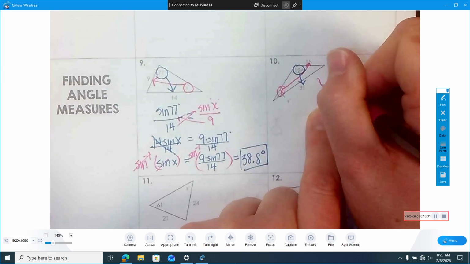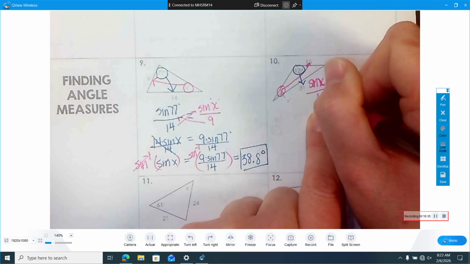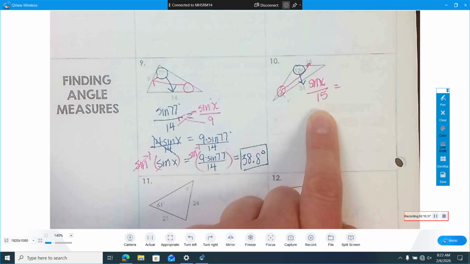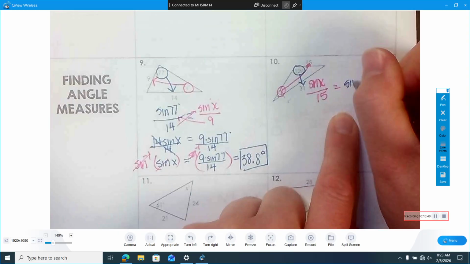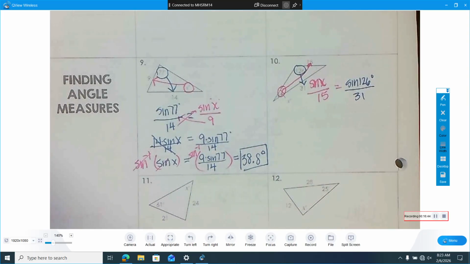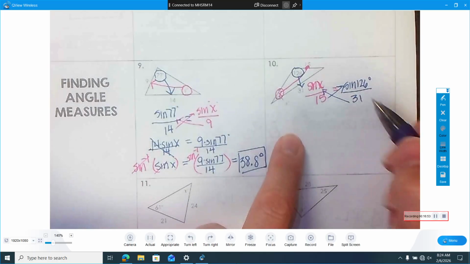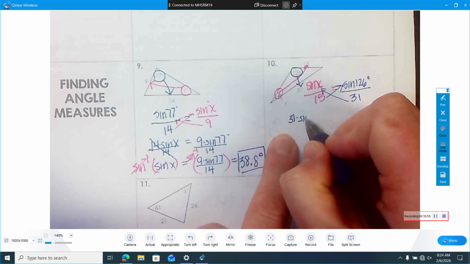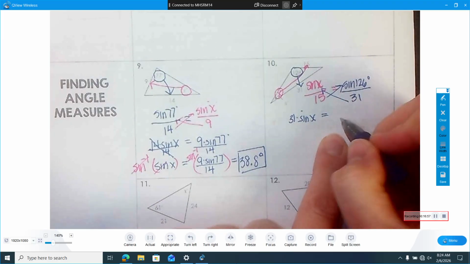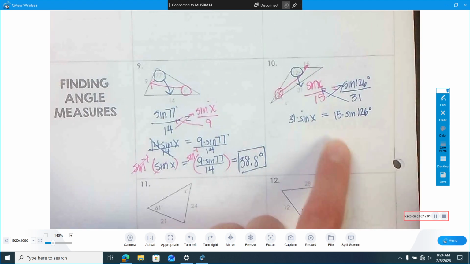So I have sine of X over 15 is equal to sine of 126 degrees over 31. Sine of your angle over its opposite side. And then we're going to cross multiply. So that gives me 31 times the sine of X equals 15 times the sine of 126 degrees.